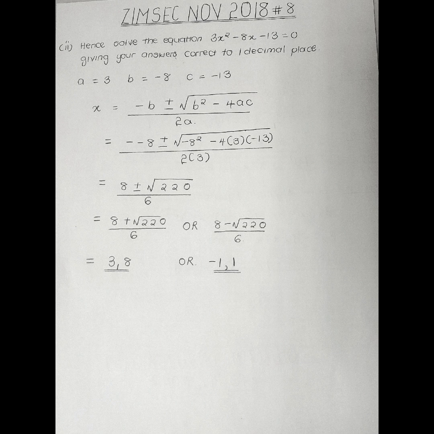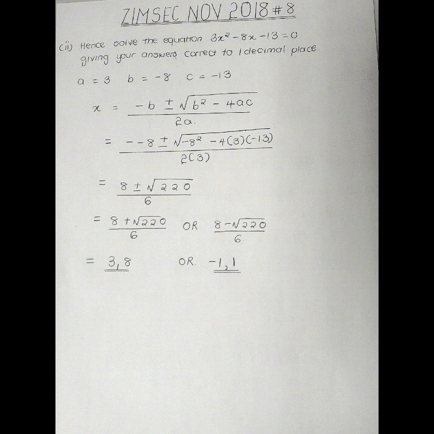And then after that, we say our x is going to be either 8 plus the square root of 220 over 6, or 8 minus the square root of 220 over 6. So make sure that you avoid premature rounding. You need to round at the final answer. You say 8 plus the square root of 220.